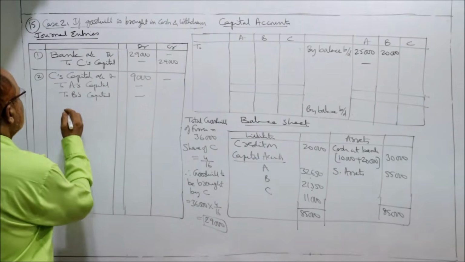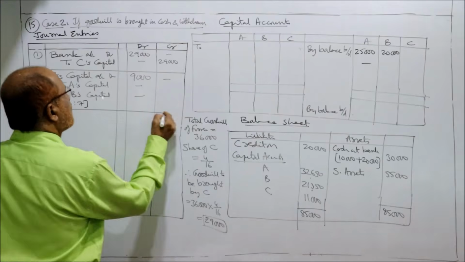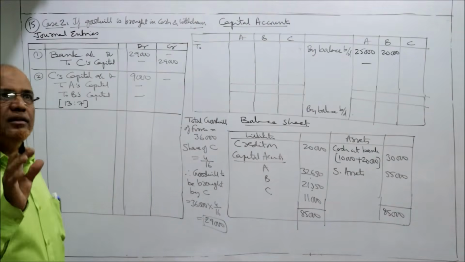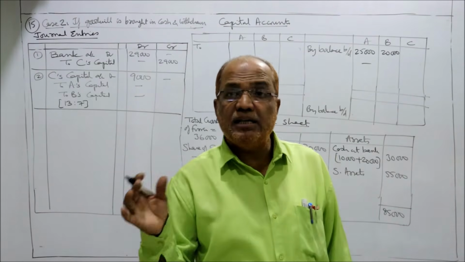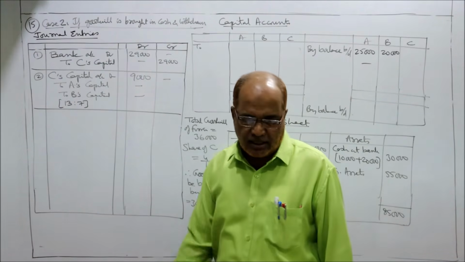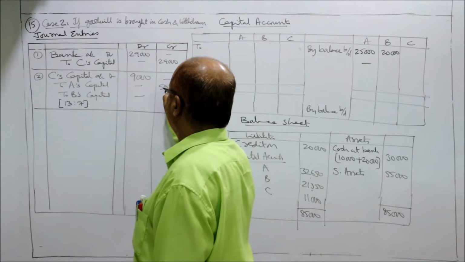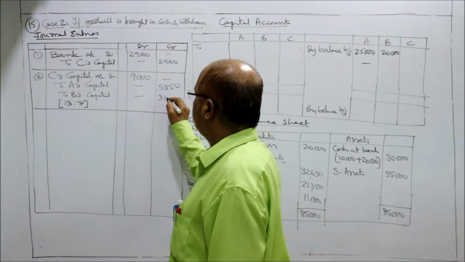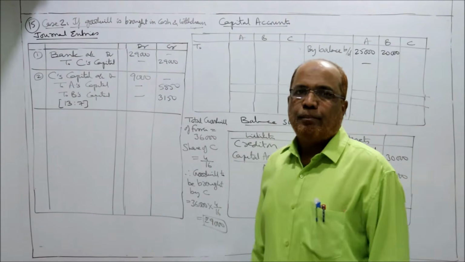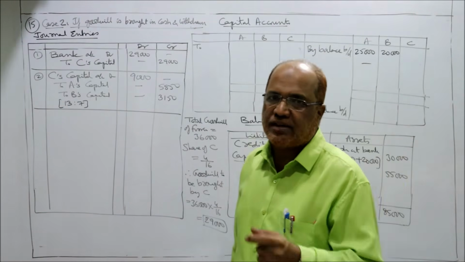Sorry, 13:7. Narration: Being the goodwill shared by old partners A and B in sacrificing ratio 13:7. It comes to 5,850 and next one is 3,150.